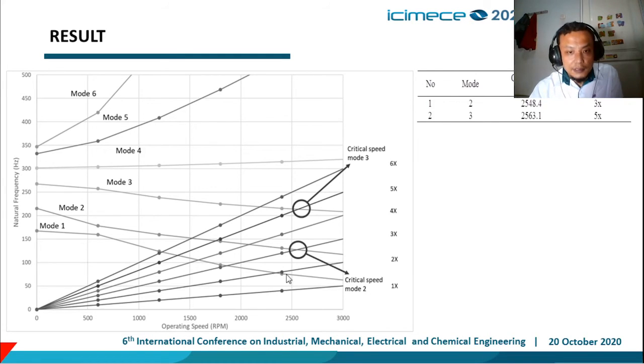This intersection is critical speed mode 2 and critical speed mode 3. We got RPM of 2548 and 2563 at the 3 times and 5 times excitation frequency ratio.